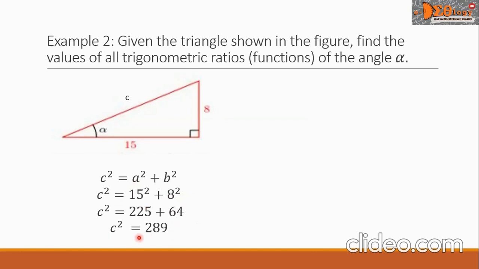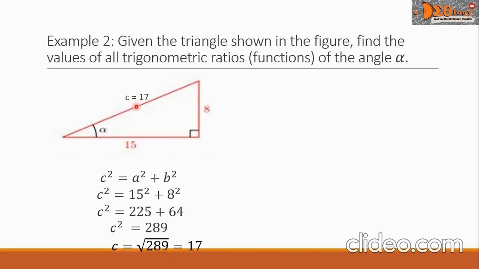So c squared equals 289. We will get the square root of both sides. Only c will come down here, and we will take the square root of 289, which is equal to 17. So the value of c is 17.